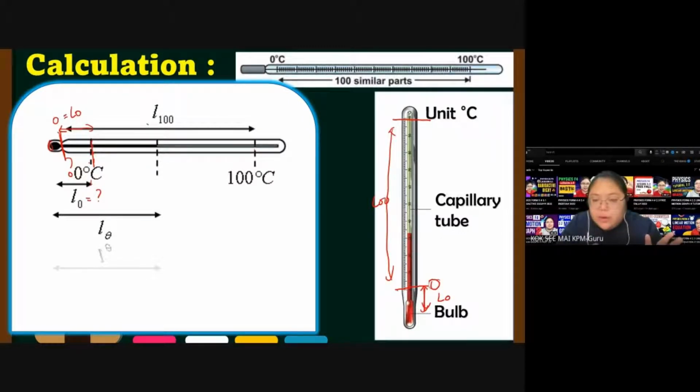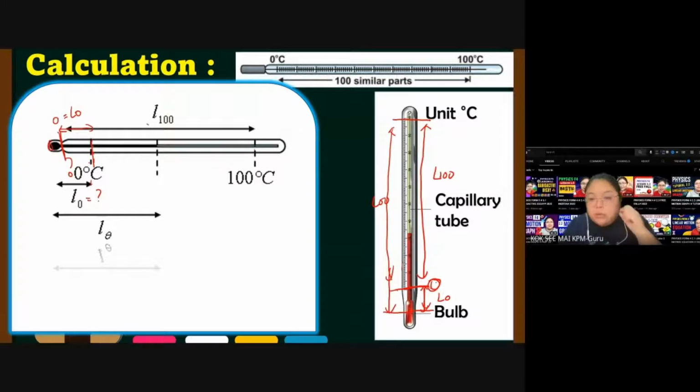From here you can see one mistake that students will make. If I put 0 here, so I take this one as L100. Then I take this one as L100 at the bottom here.